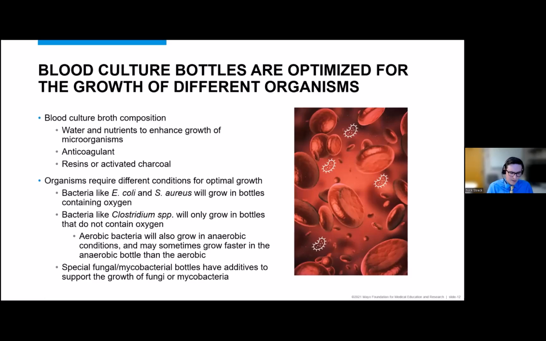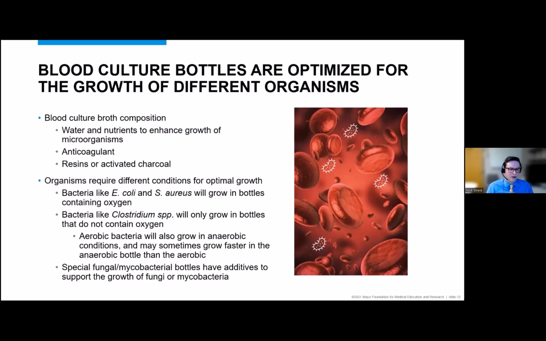In general, the composition of these is quite similar across all of the bottles. They're really designed to have a large amount of growth factors and nutrients that support the growth of microorganisms. They have anticoagulants as well as resins and activated charcoal. These are things that can help increase the surface area that's available for microbial growth, and can help inactivate some of the activity of antibiotics.